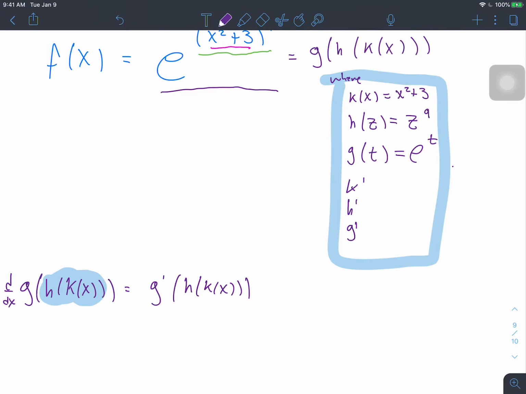Now, what I should multiply by should be the derivative of the inside, except the inside is again a composition of functions. So if I want the derivative of h of k of x, I should use the chain rule. The chain rule says, h is the outside function, we do the derivative of h first, and we leave k alone.